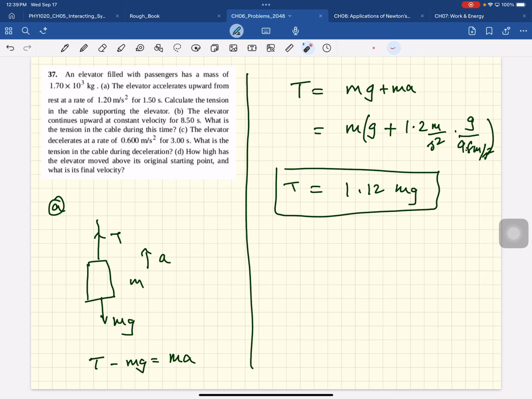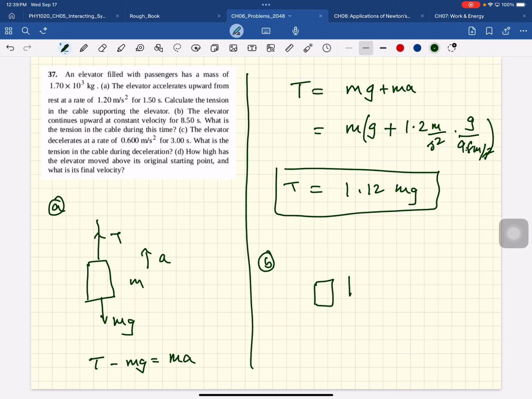Okay? Then part B says the elevator continues upward at a constant velocity for 8.5 seconds. What is the tension in the cable during this time? Okay.